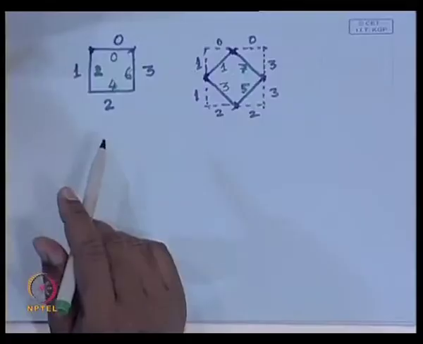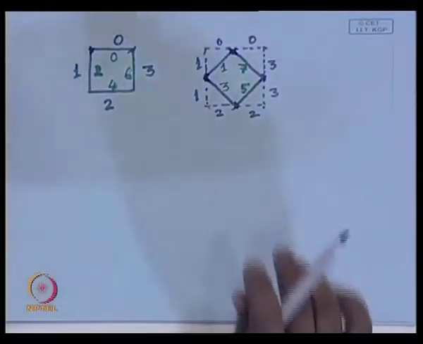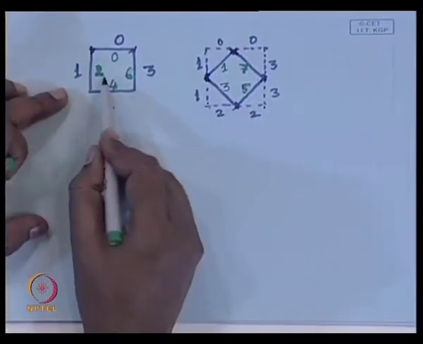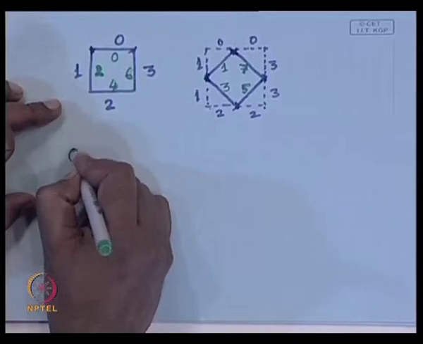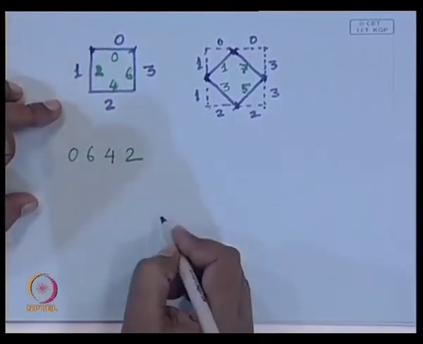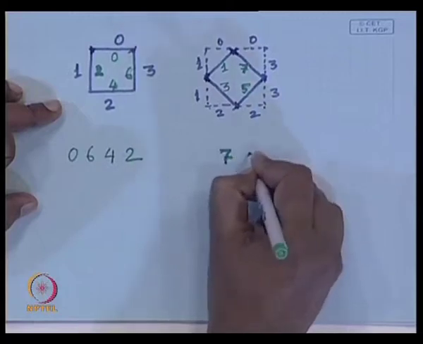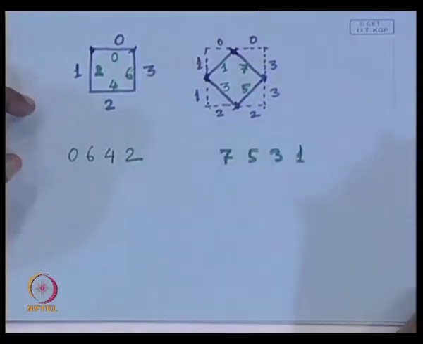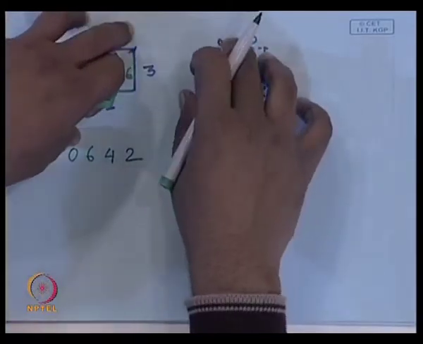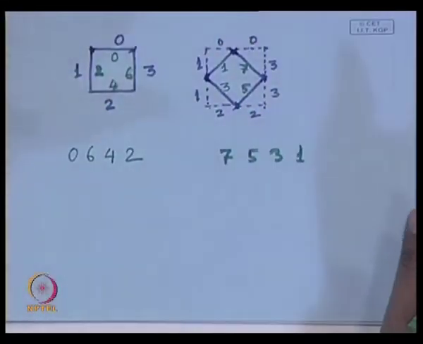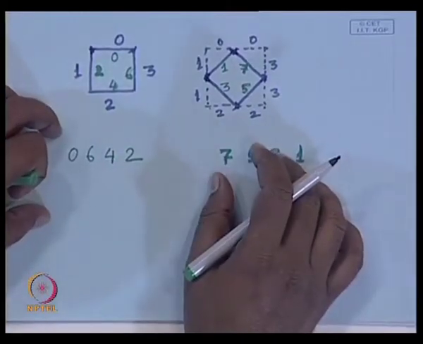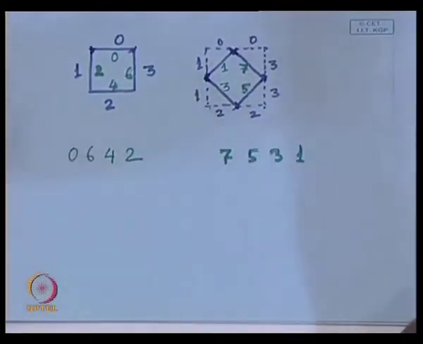Okay. Yeah. So, now it is visible. Okay. So, you find that over here my chain code becomes 0, 6, 4, 2 and over here the chain code becomes 7, 5, 3, 1. Okay. So, following 4 connectivity, though I could say that one is just a scaled version of the other, the moment I go for 8 connectivity, because this gives me more precision, the chain codes are totally different.